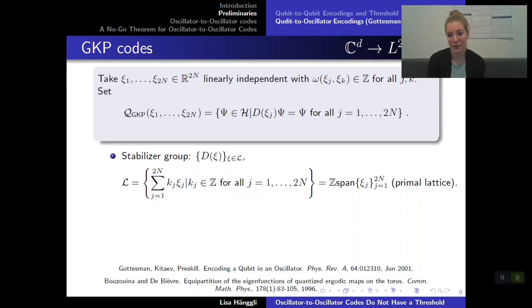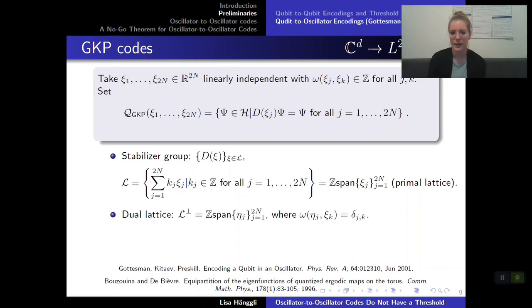But as we have seen on the last slide, the combination of two displacements is proportional to a displacement with respect to the sum of the corresponding vectors. And therefore, our stabilizer group can as well be described as the set of displacements with respect to integer linear combinations of the x_j's, or in other words, with respect to vectors of the lattice L given here.